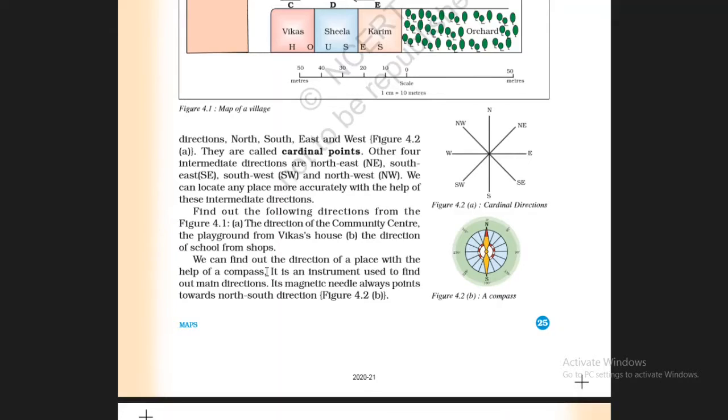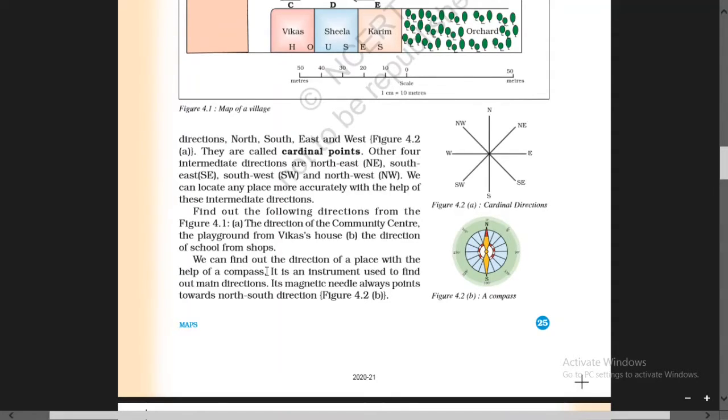Many instruments for our geography classes have reached the school. The school has purchased many instruments related to geography. You can see this compass as and when you come to school.